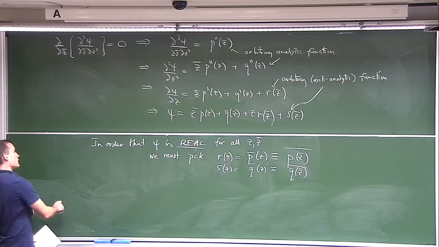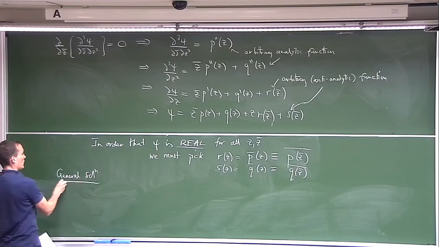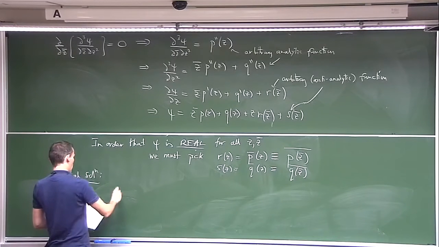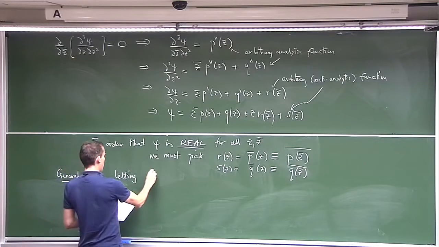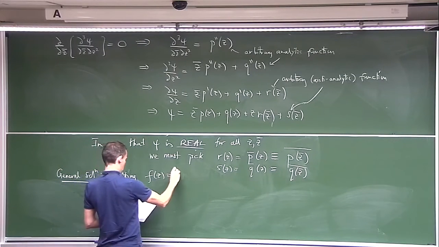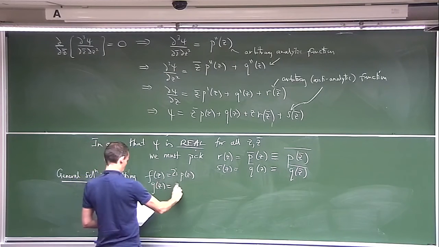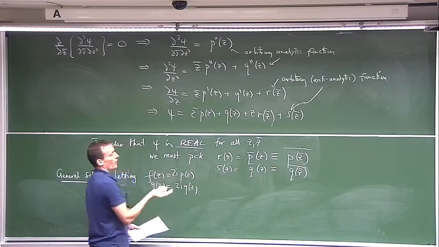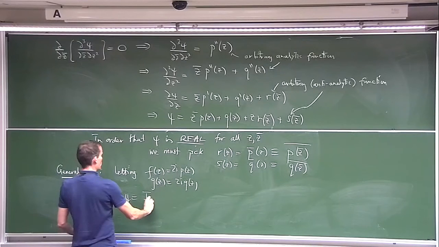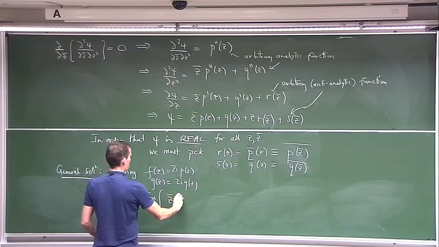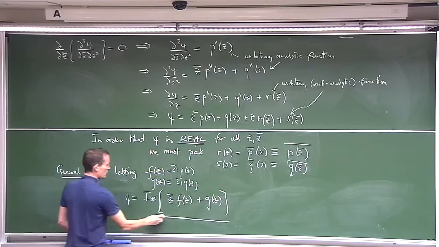So we finished. The nice thing is we get the general solution. Don't forget, P and Q are arbitrary. So letting f of z be 2i p of z, g of z being 2i q of z, which are equally arbitrary, we get that psi is the imaginary part of z bar f plus g. I just did that to put it in the standard notation.